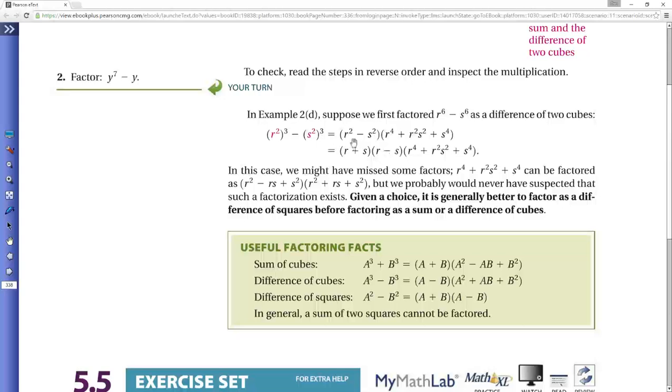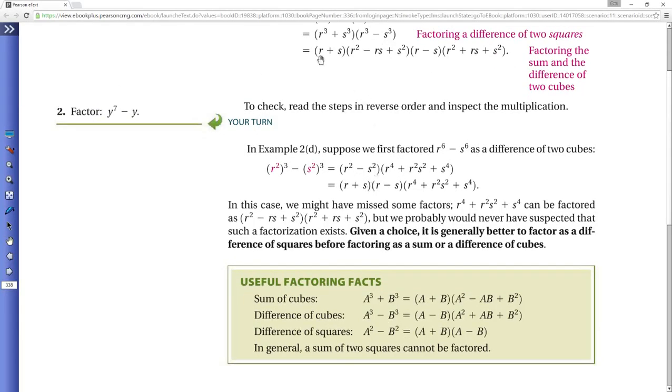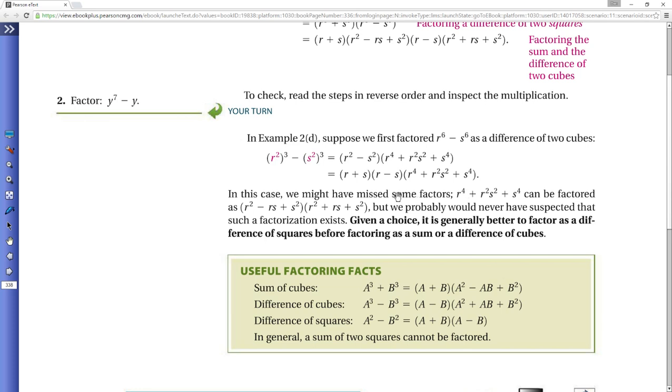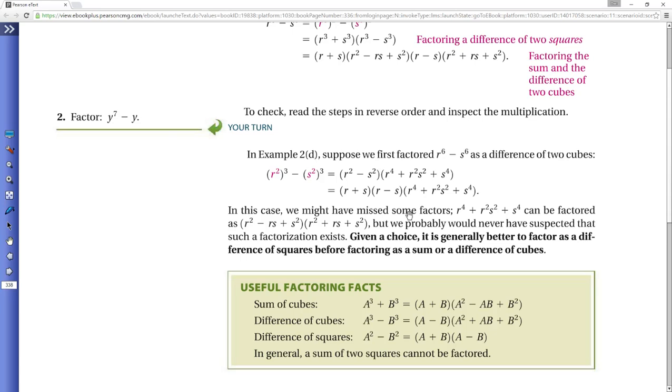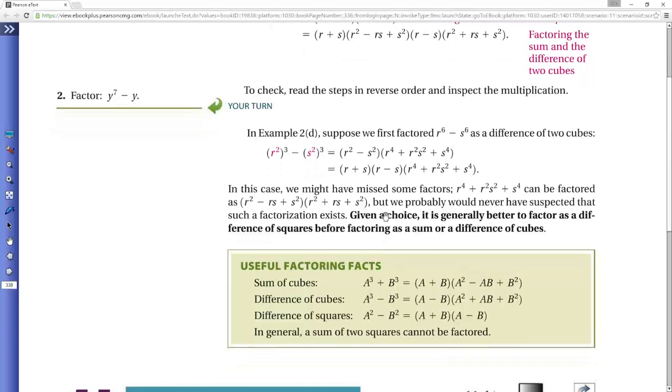Almost. Now look at what we got as a complete factoring. Hey, these two things match up here, this r plus s and r minus s. But this r to the fourth, r squared, and so on, is not anything we've had a pattern for. And we'd have a tough time getting any farther with that. And that's what they're pointing to.